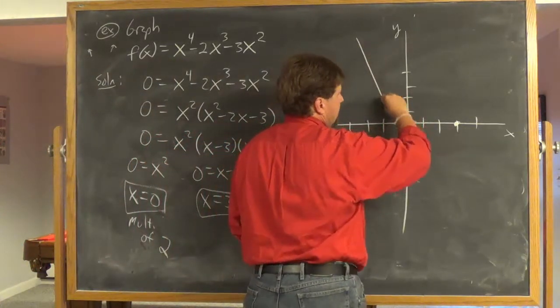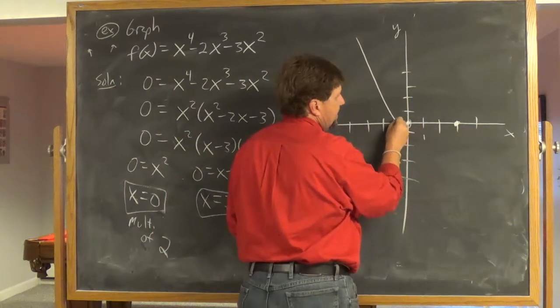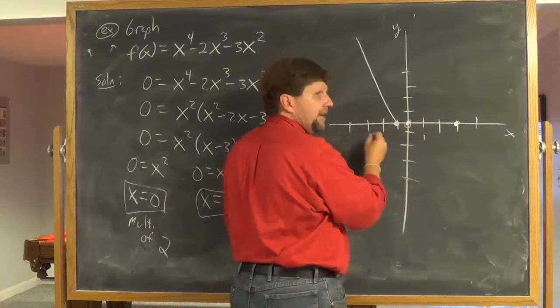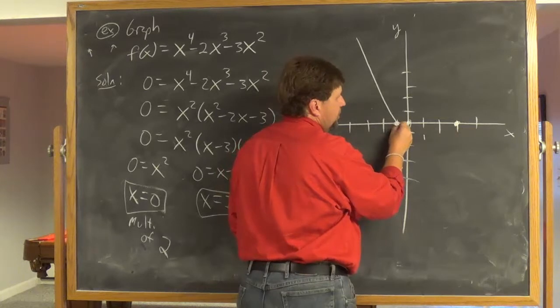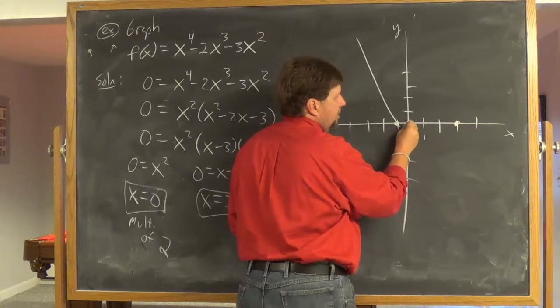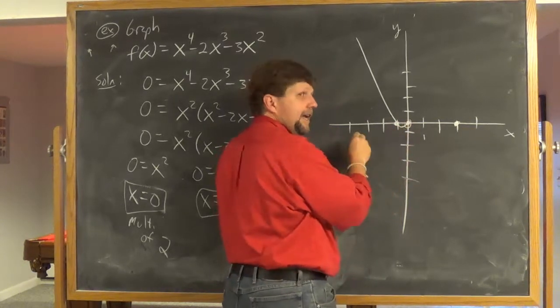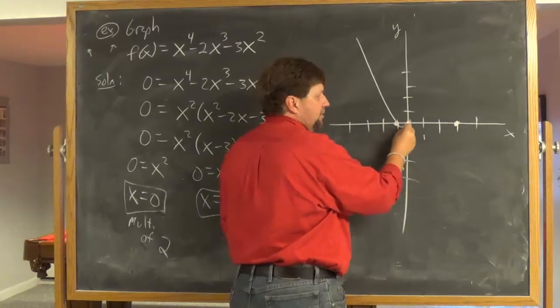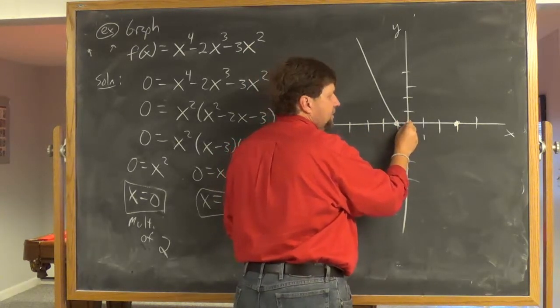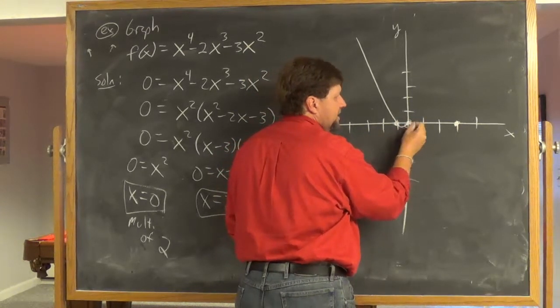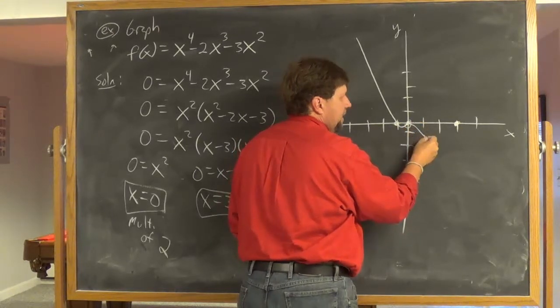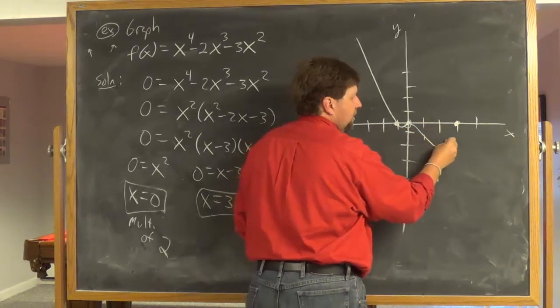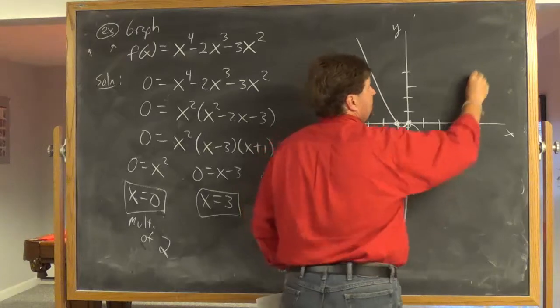It's going to come in, it's going to cross the x-axis at the 0 of -1. Then it has to turn around and come up and hit the 0, but it's not going to cross the x-axis here because it's an even multiplicity. So it's just going to touch it, and then it's going to come back down, and then somewhere it has to turn and cross the x-axis there.